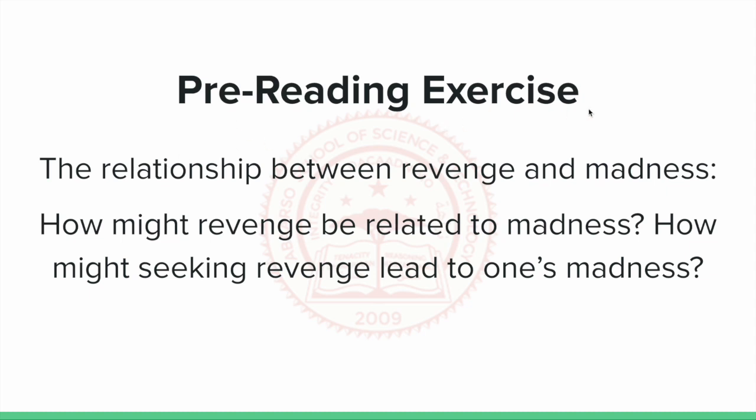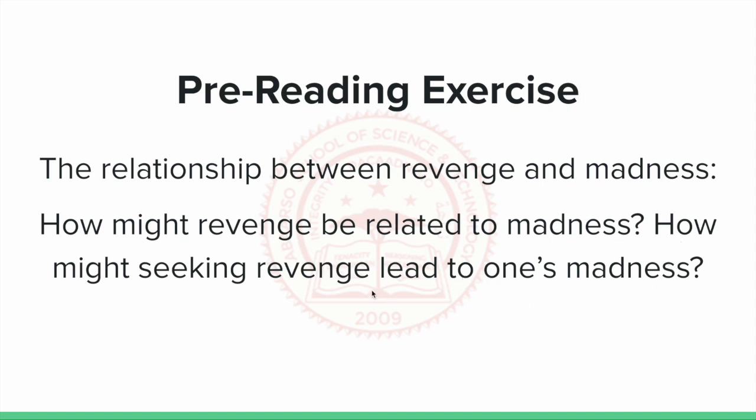So, pre-reading exercise. I want you to consider the relationship between revenge and madness, right? Again, the two central ideas of Hamlet. And the two questions I want you to be considering are: how might revenge be related to madness, and how might seeking revenge lead to one's madness?